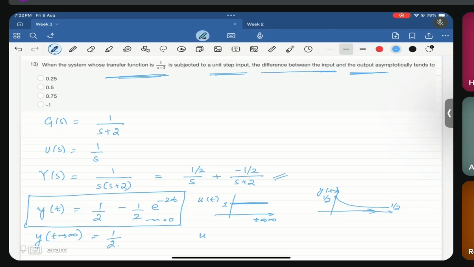So what is u of t minus y of t as t goes to infinity? It is 1 minus 1 by 2, so it is 0.5. So option B was correct.